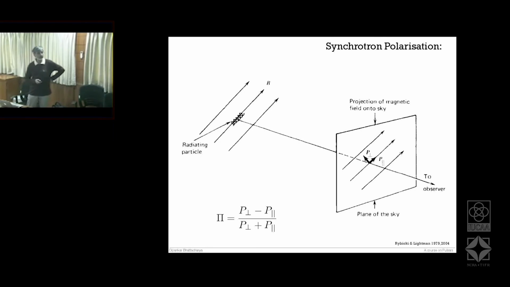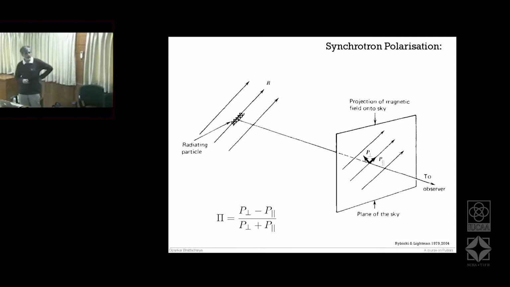So, going back to the basic emission mechanism and what kind of polarization you can expect, you can take synchrotron radiation, as we talked about before, and you have the radiating particle, let us say, gyrating in a spiral form in the magnetic field.